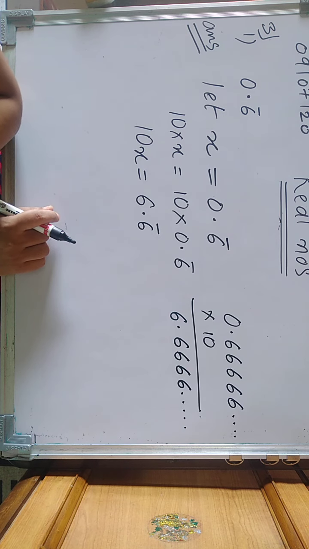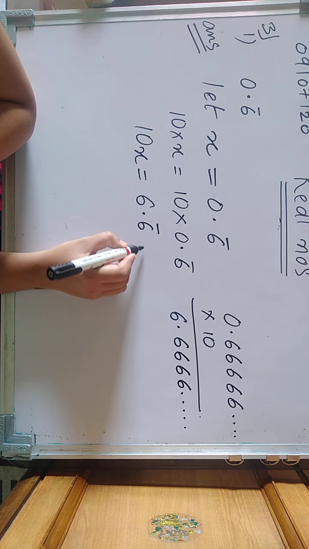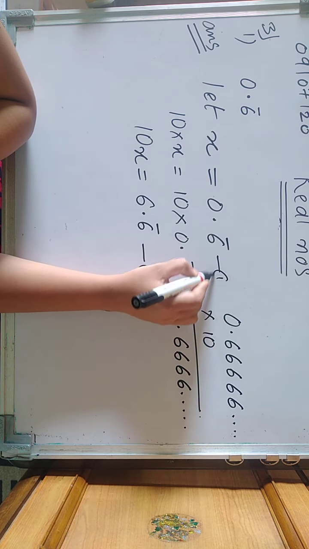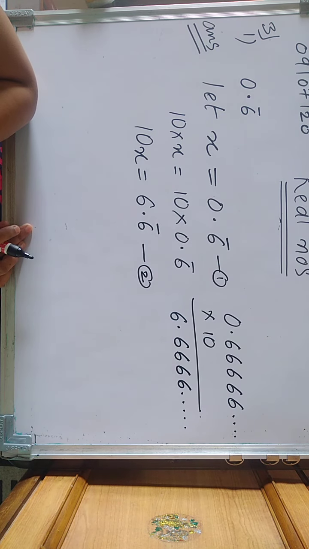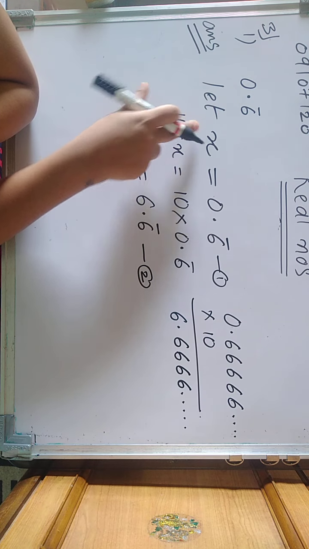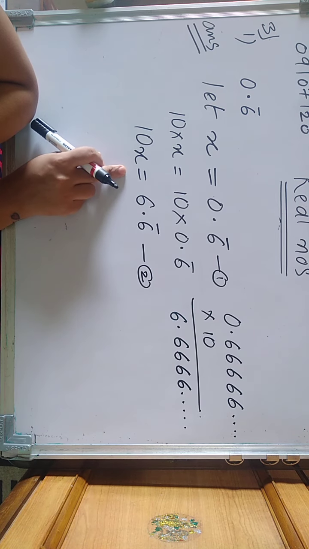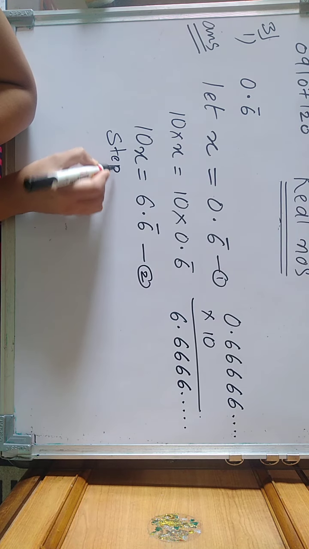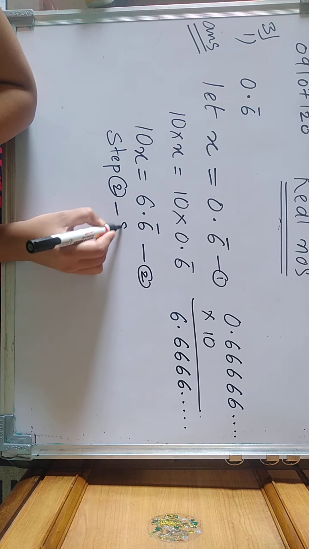Okay, now what we are going to do is, we will call the x step, step number 1, and this step, step number 2. Now what we are going to do is step 2 minus step 1.